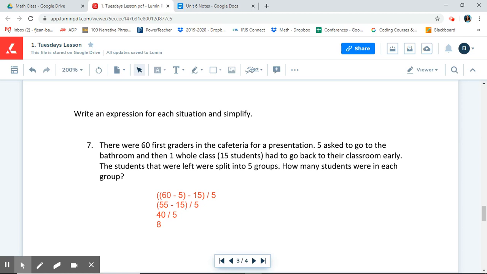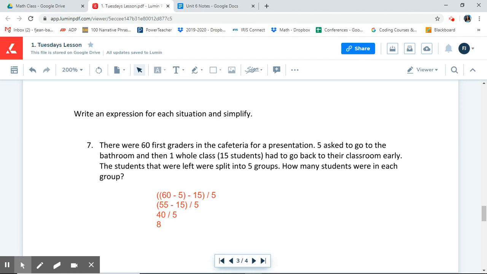So again, we're going to make sure that in our expression, we're showing that step by step. So we start out with 60 first graders and 5 asked to go to the bathroom. So we're going to write that in our expression as 60 minus 5. Then one whole class of 15 students had to go back to their classroom.